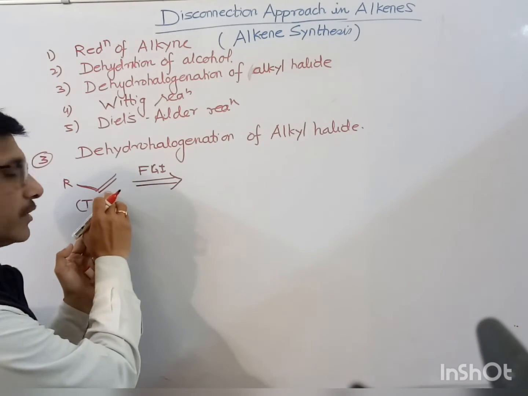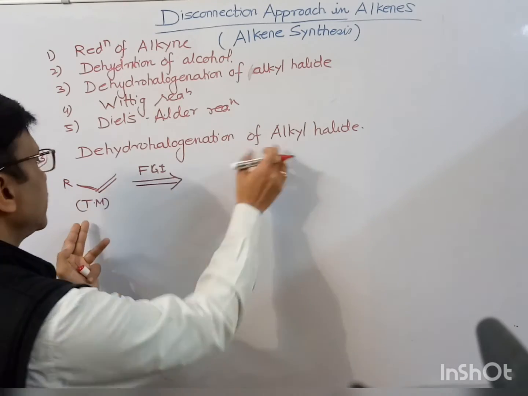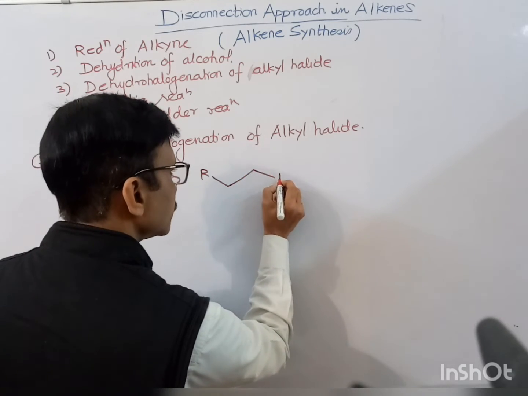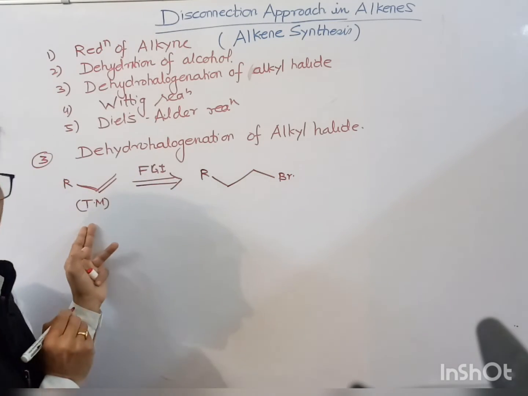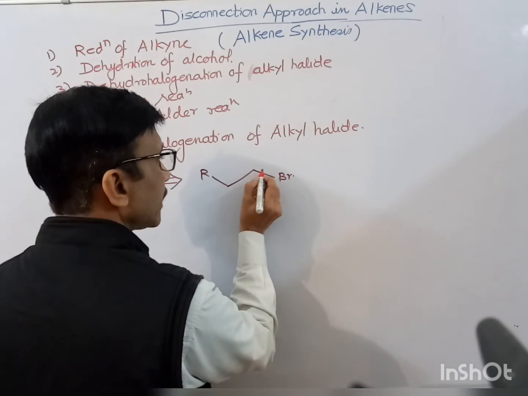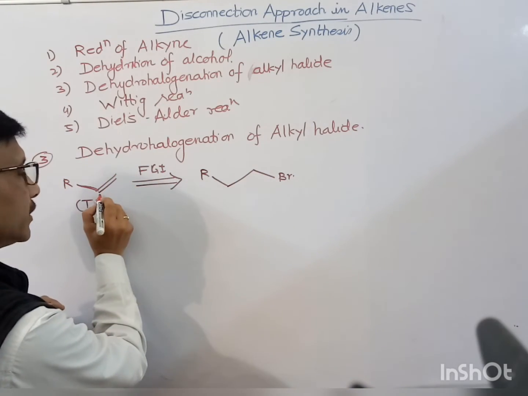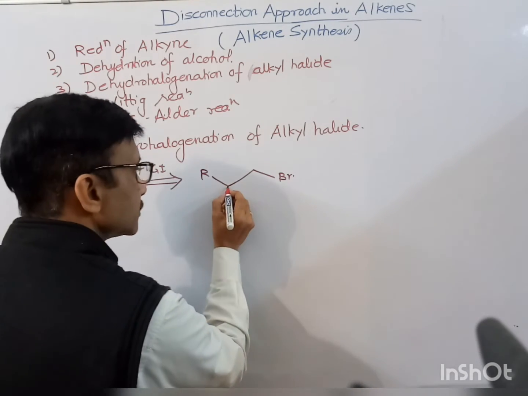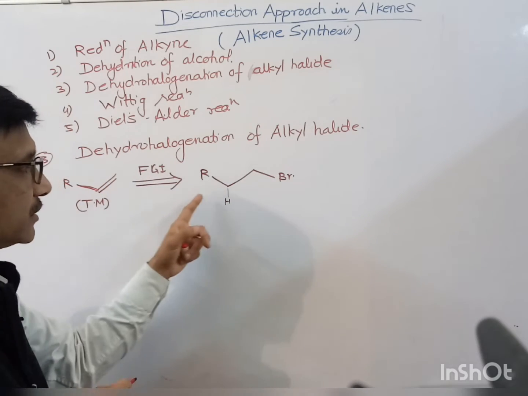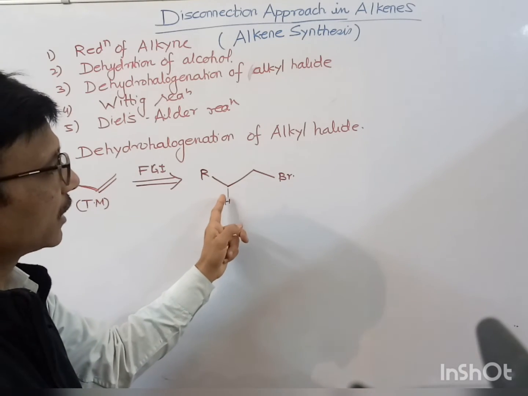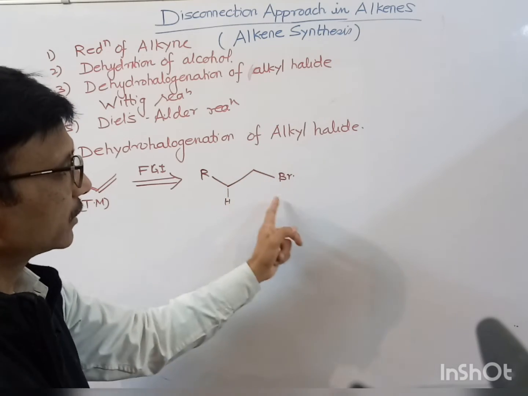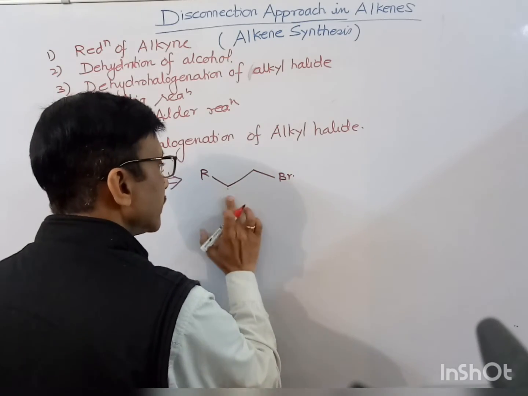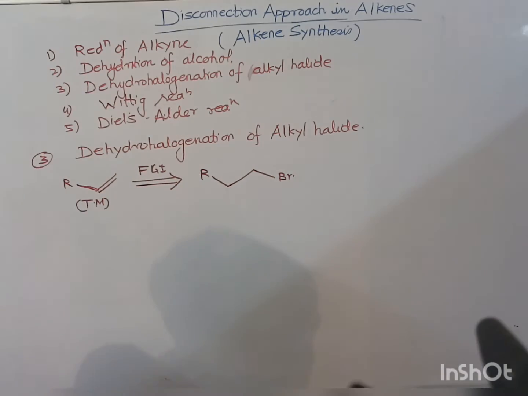So by FGI the target molecule would be converted into alkyl halide. Suppose we have Br over here. No doubt the bromine is added over here, not here, because this H is present over here, then the base will abstract this hydrogen and this will go over, and the bromine being the leaving group will leave out. That's why you have added this bromine over here.